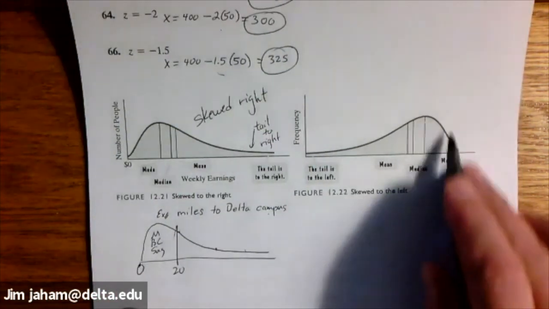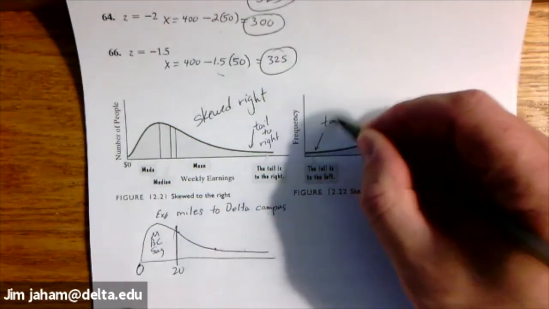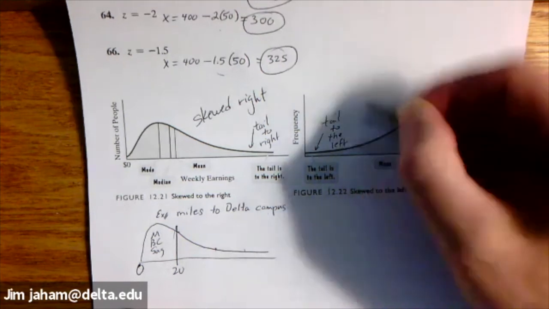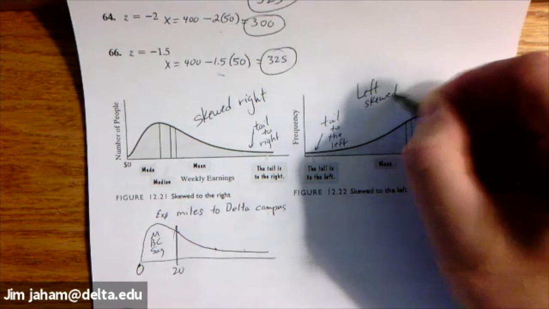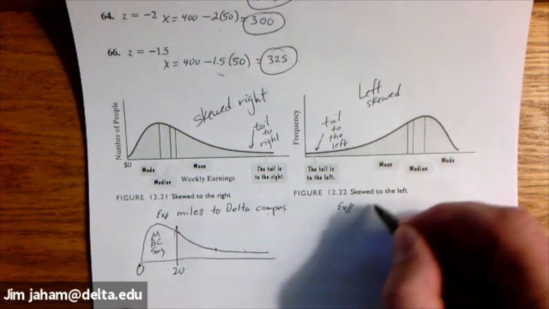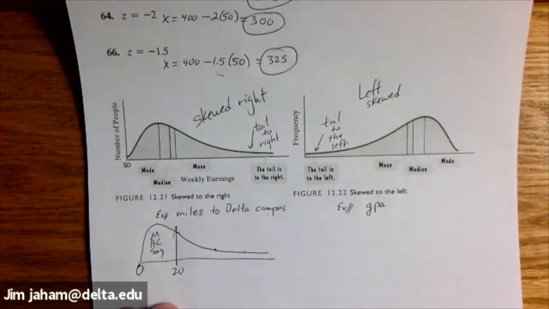And if you see a data set that looks like this other one, over here is the tail to the left, and we call this left skewed. An example here would be student GPAs.